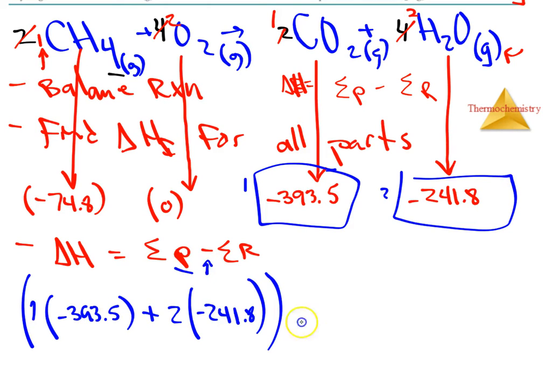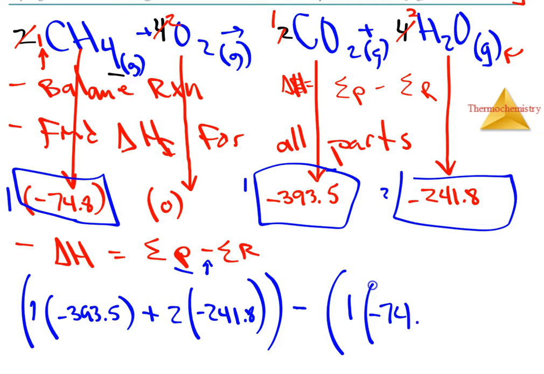Now I'm going to subtract the sum of my reactants. So my reactants are over here. How many of the 74.8s do I have? 1. So I have 1 times negative 74.8 plus, since it's a sum, I add first before I do the subtraction.